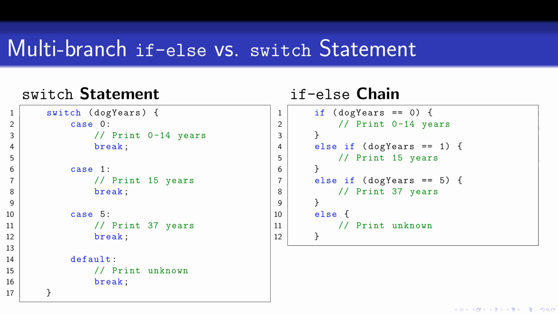For example, when determining a dog's age in human years, using a switch keeps the structure compact. An if-else chain works too, but it can quickly become harder to read if you have many conditions. However, keep in mind that switch only works with integer or character expressions. Anything involving ranges or more complex logic still requires if-else.